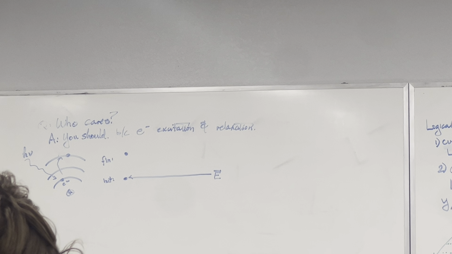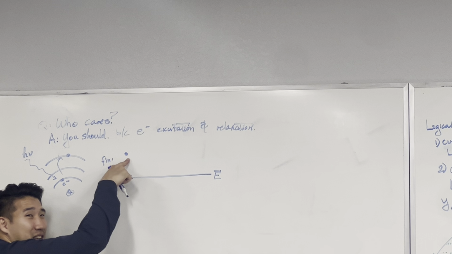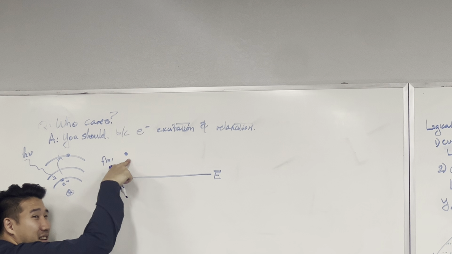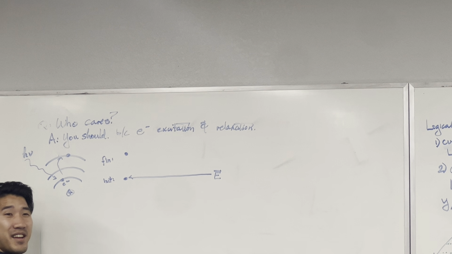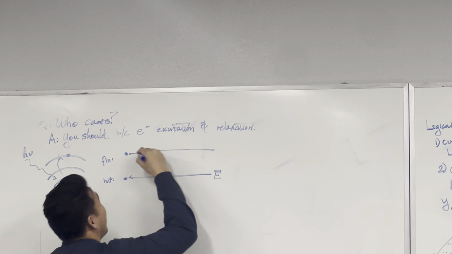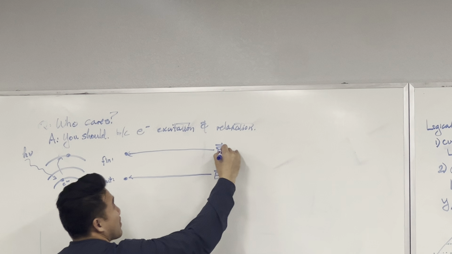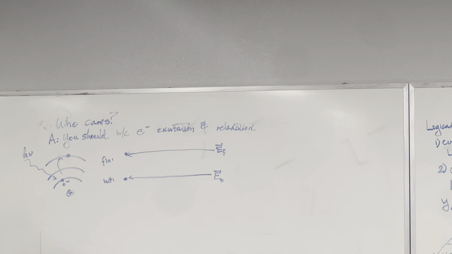What is the electric field line going to look like then? Up here, same thing. So we'll call this E initial and we'll call that E prime.